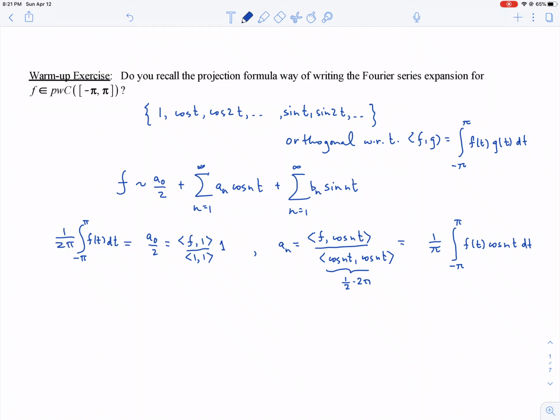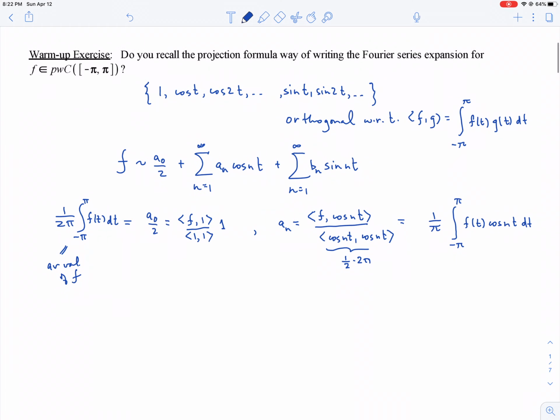And as I always emphasize, this is just the average value of f. And the only reason we write it as a naught over 2 instead of a naught is then you have the 1 over pi in front of the integrals for a naught, just like you do for the rest of the a_n.